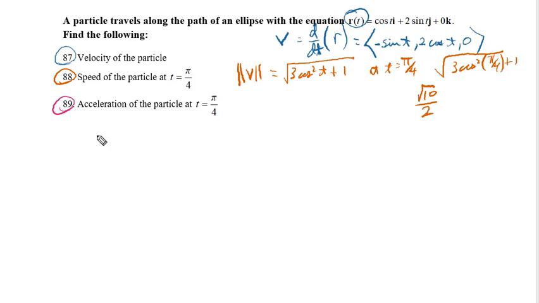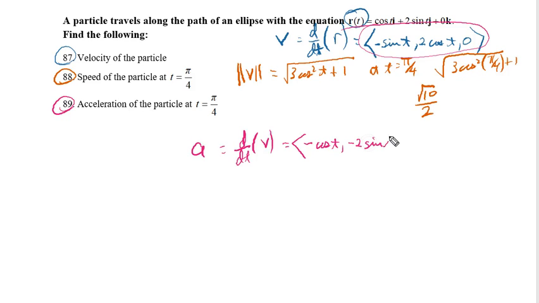Then on the last one, to find the acceleration, we need to do the derivative of the velocity. And so if we take what we found in number 87 and do its derivative, we get the vector derivative of negative sine t would be negative cosine t. The derivative of 2 cosine t would be a negative 2 sine t.